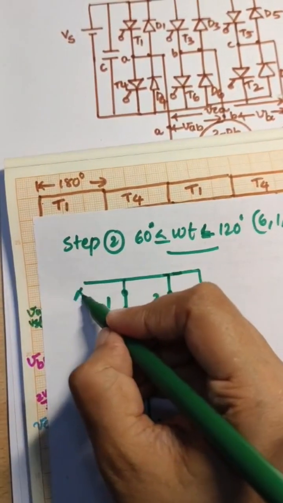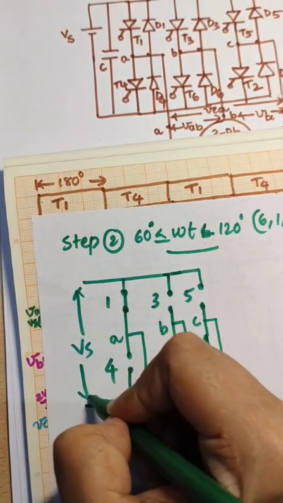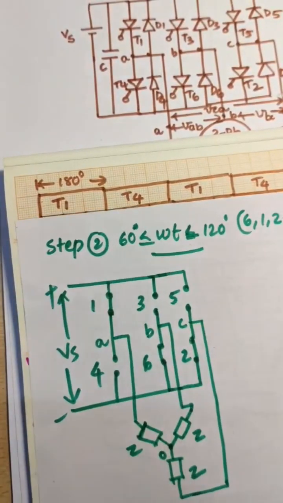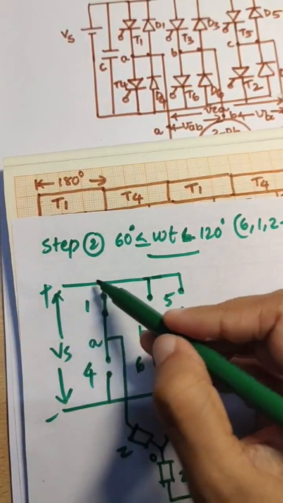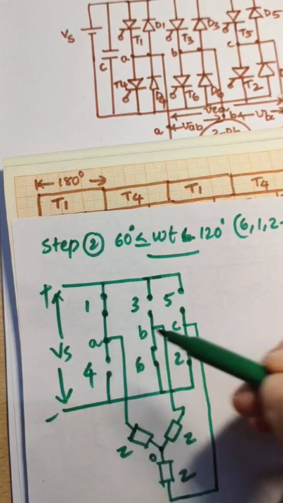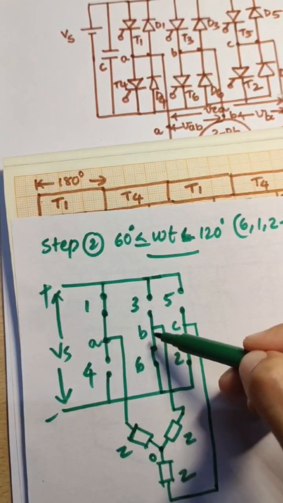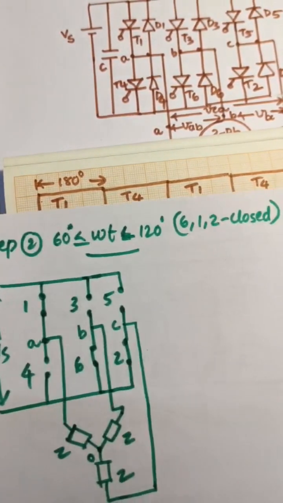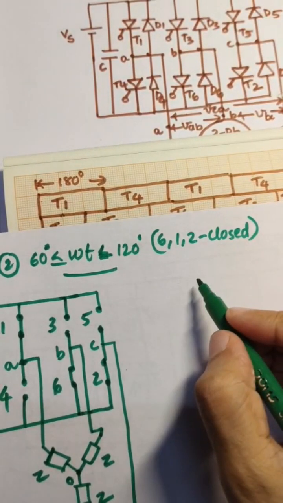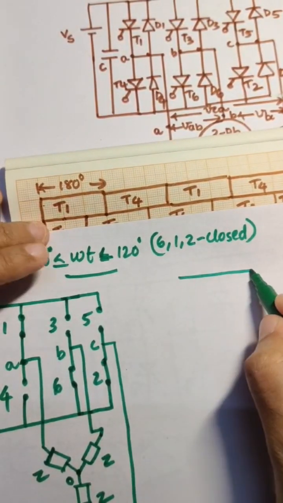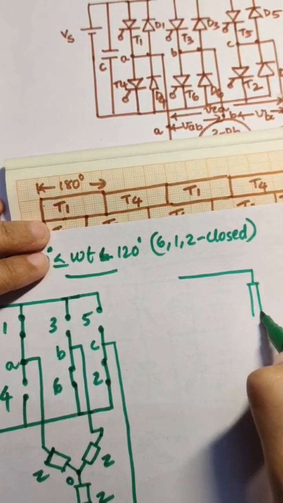The input voltage is indicated as Vs plus minus. So here positive is connected to A phase, negative is connected to B phase and C phase. Accordingly, draw the circuit. Positive is connected to A phase.